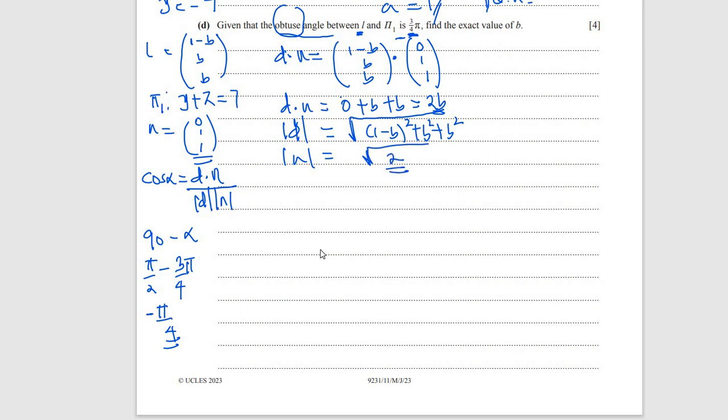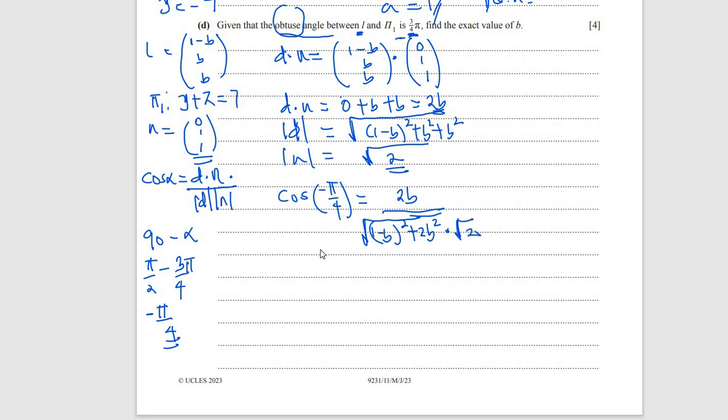So let's substitute these parameters in the formula. Cos alpha, which is minus pi over 4, equals d dot n, which is 2b, over the modulus of d, which is the square root of (1 minus b) squared plus 2b squared, times the modulus of n, which is square root of 2.